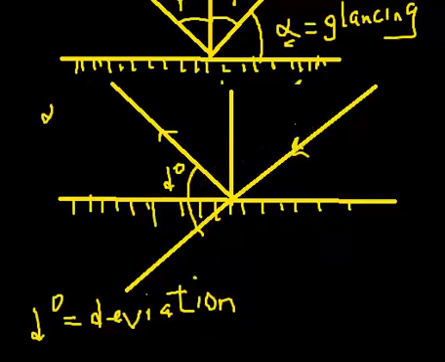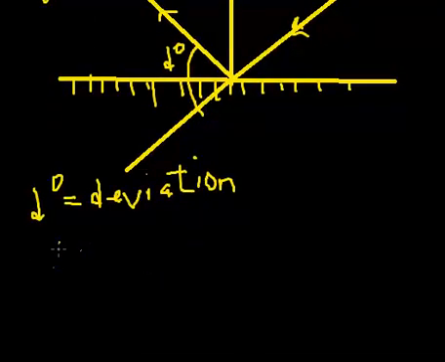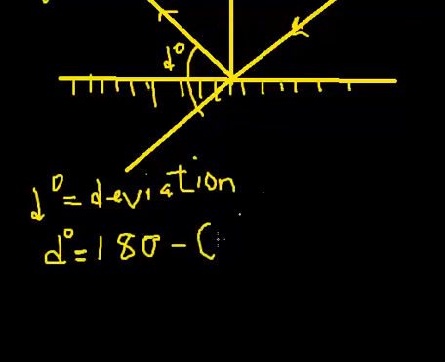So the formula for the angle of deviation is 180 minus the other two angles, which is the angle of incidence plus the angle of reflection.